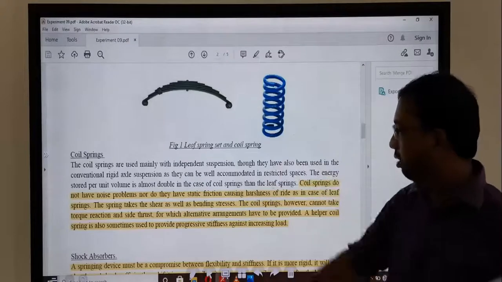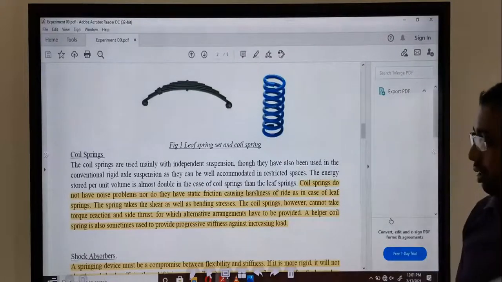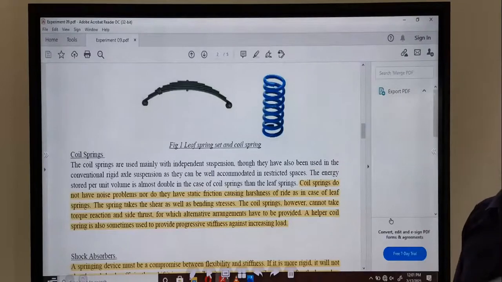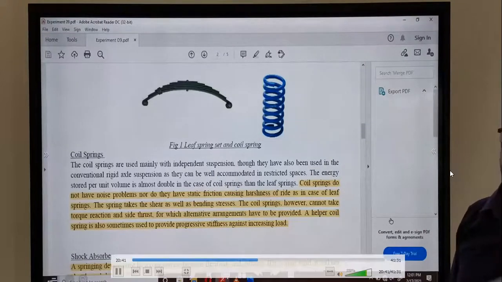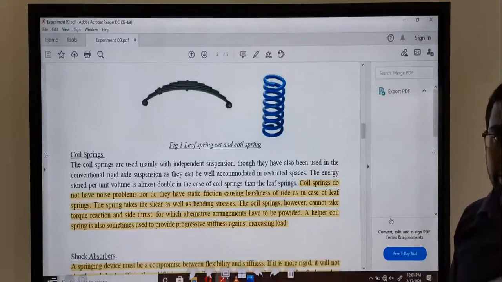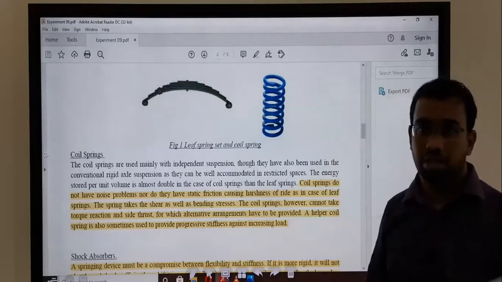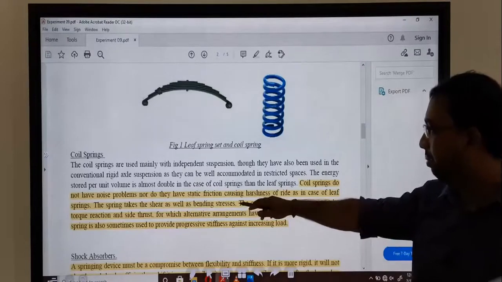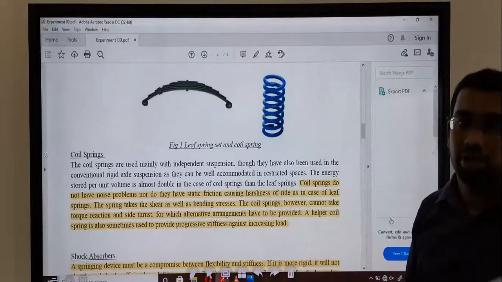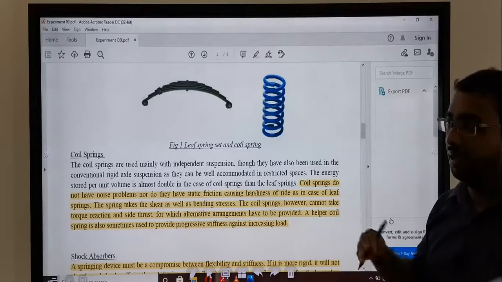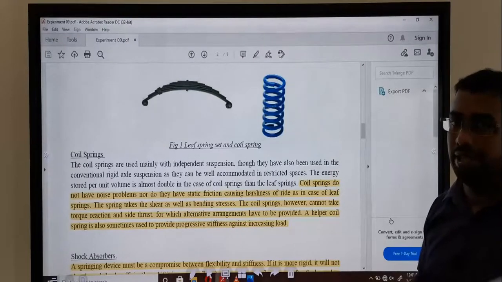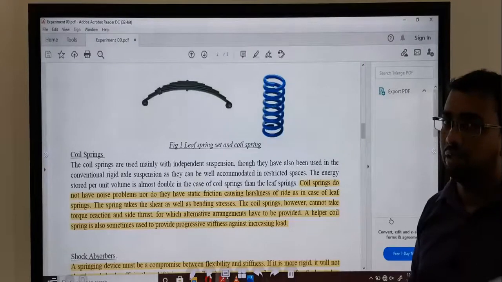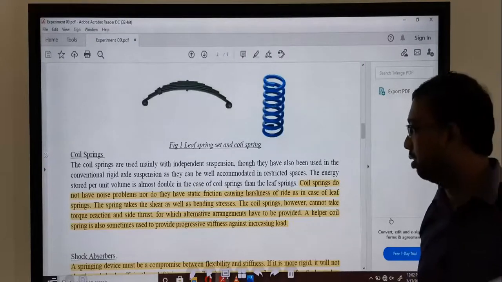It has bending stress, so there is a rare opportunity for it to face any breakage. Because of the bending stress, if there is any rough condition, it can bend easily, but it is not going to break.